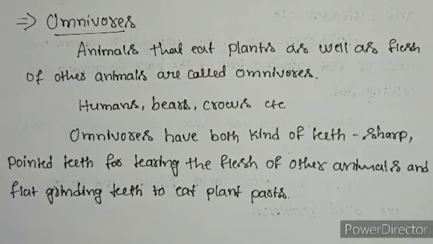Omnivores have both kinds of teeth: sharp pointed teeth for tearing the flesh of other animals and flat grinding teeth to eat plant parts.